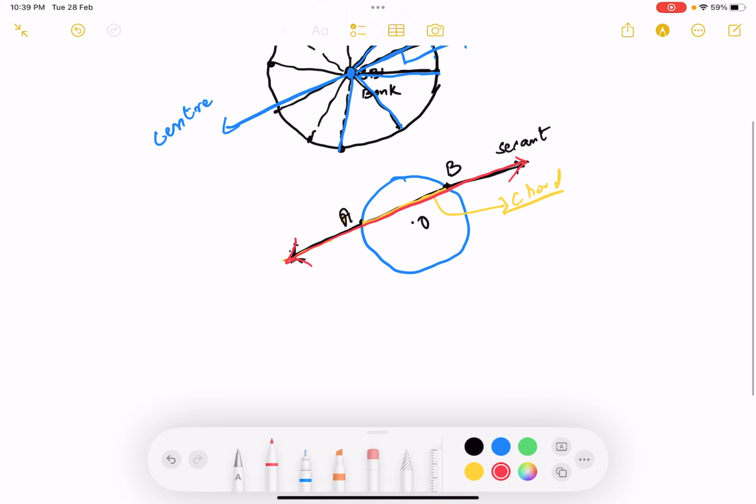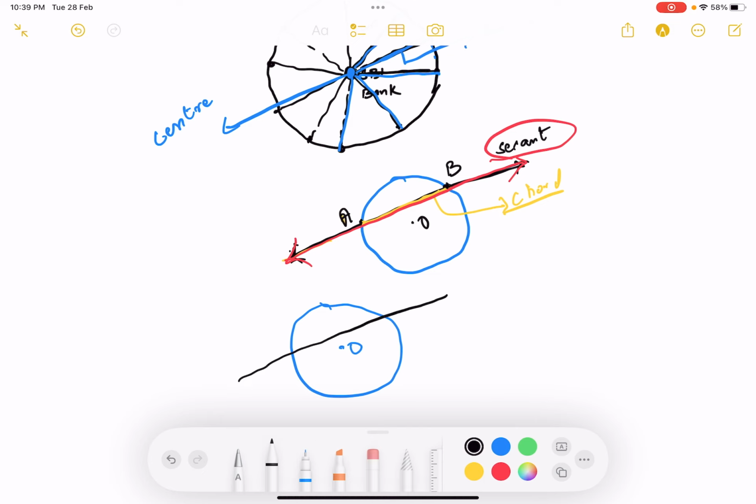Now there is a special case of secant. Let us again take a circle with some center O, and I'll draw a secant. A secant can be anywhere, it can be here, it can be like this. The only thing is it should always intersect the circle at 2 points.